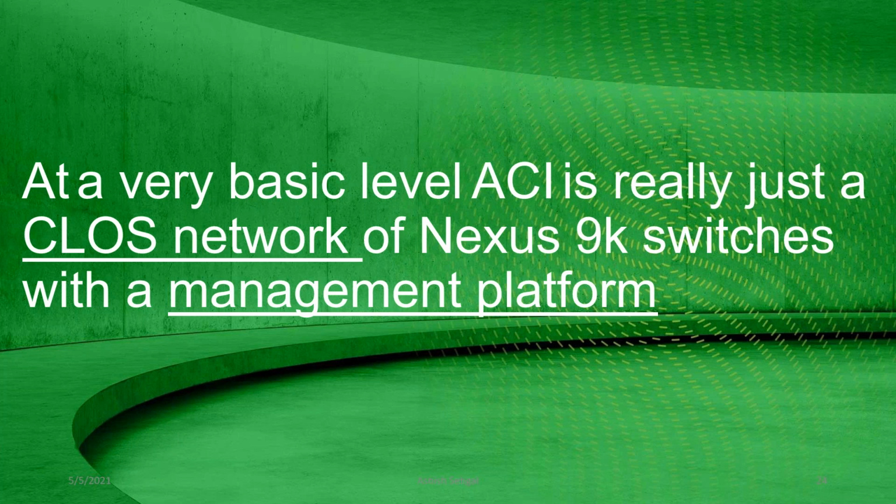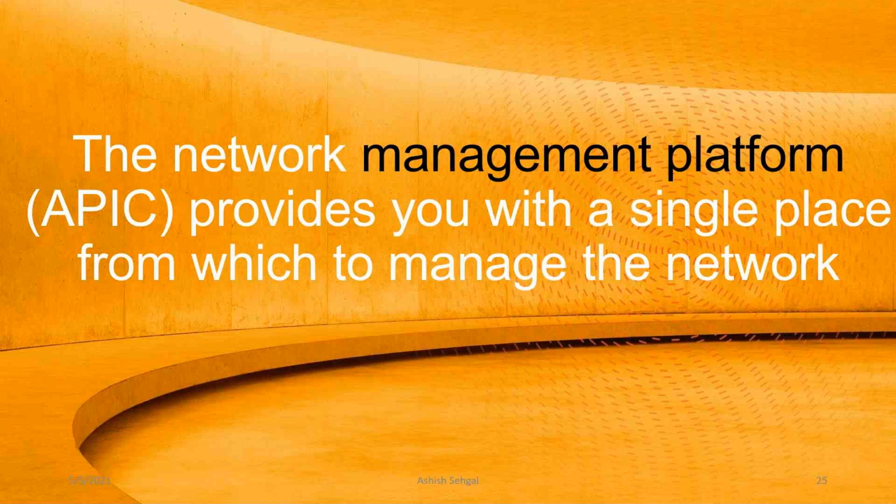So the architecture which ACI is going to use here is not a new architecture. It is a very old architecture. This architecture is called a leaf and spine architecture, which we have seen in VXLAN.